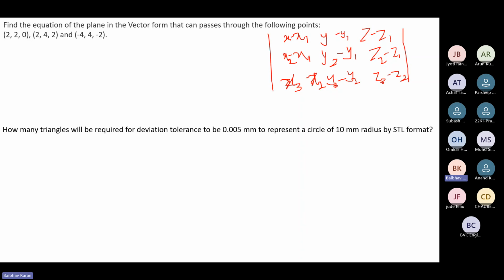This will give you the equation of the plane. Here, we will find the equation of the plane in terms of x, y, and z.